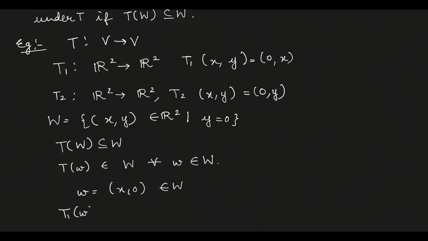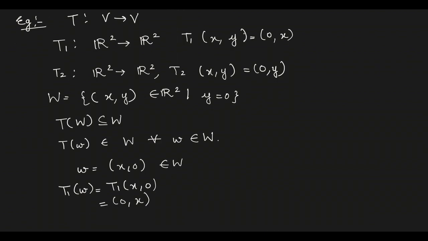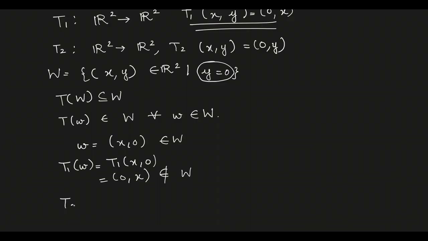What will be T1(w)? T1(x, 0). It will be (0, x), right? By this definition. And this does not belong to W, right? Because in W, y is 0. Here I am getting x as 0. Similarly T2(w), T2(x, 0).